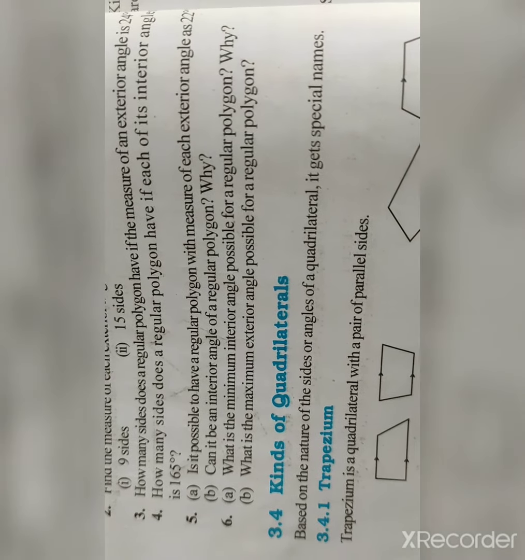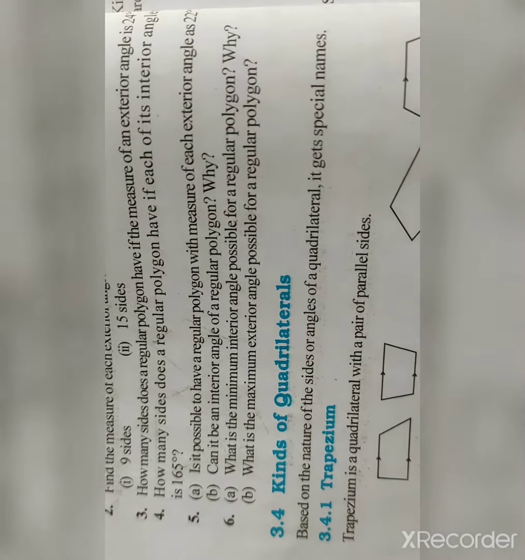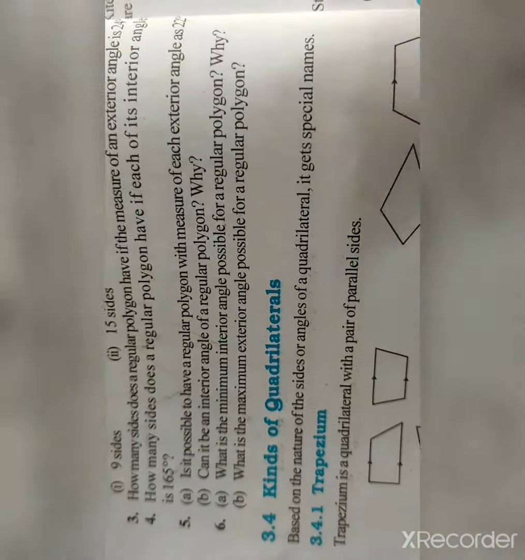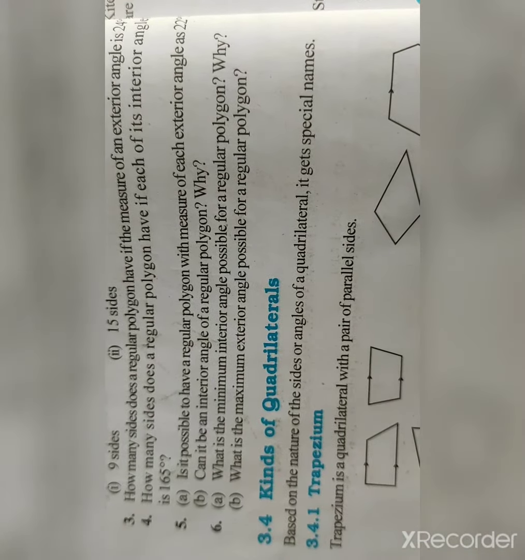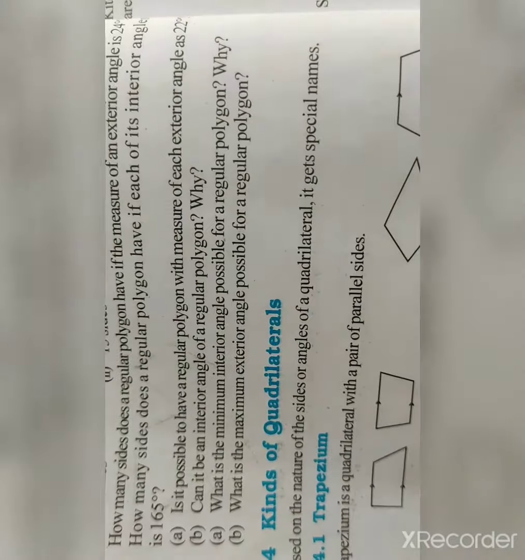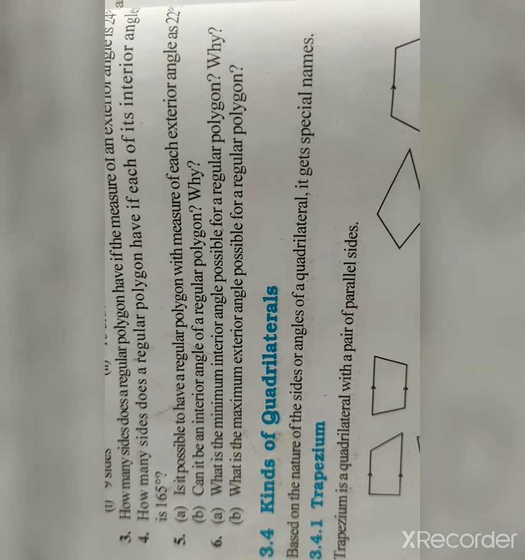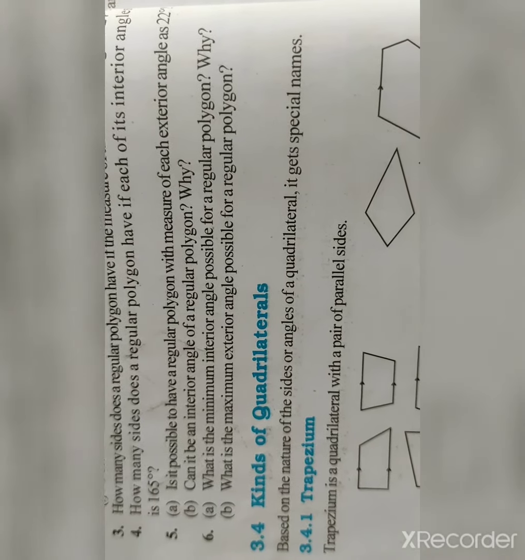Whatever number you get will be the measurement of the exterior angle. So that exterior angle into n equals 360 degrees. If 360 degrees is completely divisible by that number, then the regular polygon is possible. And if not divisible by that number, then the regular polygon is not possible.